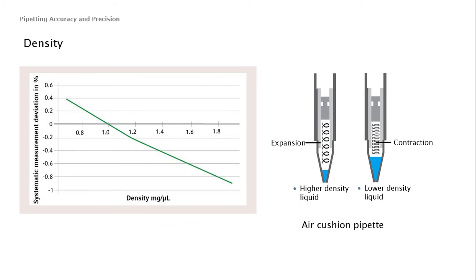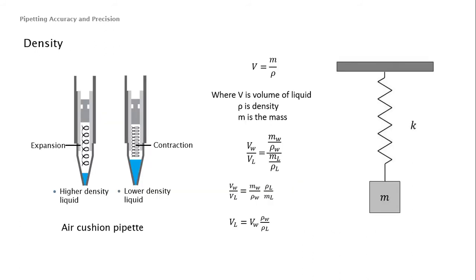I have another illustration here with the formula, so we can visualize what I'm talking about. The formula is volume equals mass over density. Actually, it's derived from the formula of density, which is density equals mass over volume.